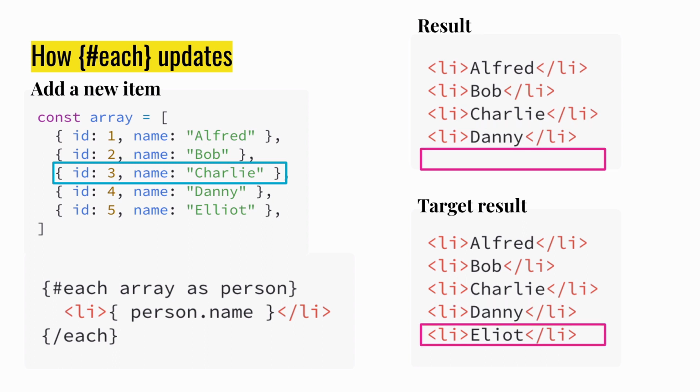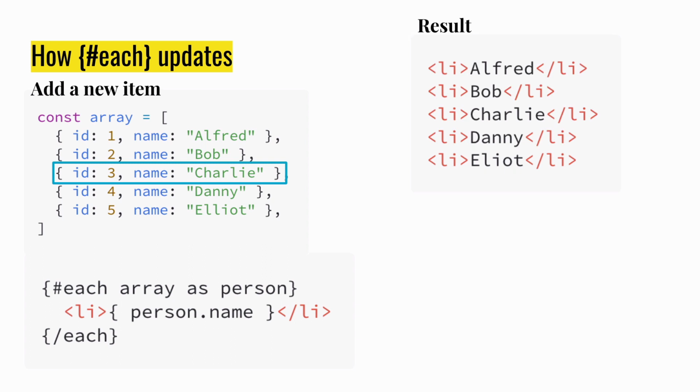The next one is Elliot, but on the screen we only have 4 list items. So we create a new item, name it Elliot, and insert it into the DOM, and there you have the end result. We have 5 items. As you can see in the process, we update 2 list items and insert 1 at the very end.